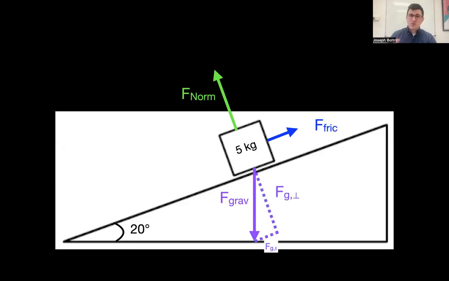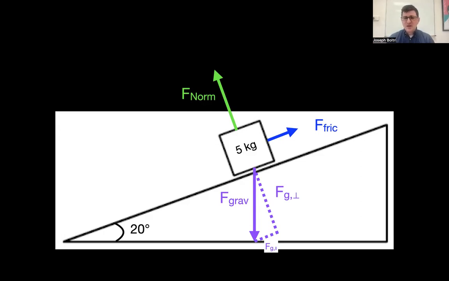So doing that thing where I break the force gravity into its parallel and perpendicular components, I have here drawn the perpendicular component and the parallel component. And you'll notice why I've drawn the parallel component so far down there in just a minute, because really we should move it up and draw it right next to the box, but I've drawn it down there for a particular reason.